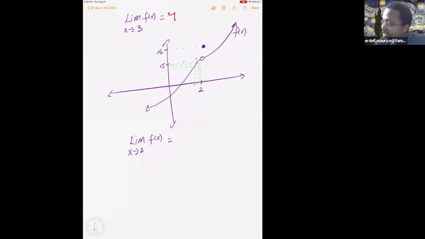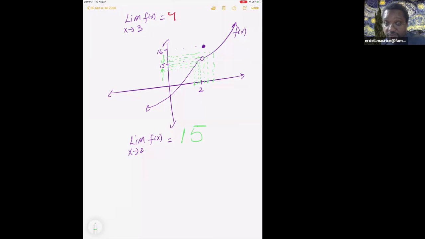I go on the other side, take a number, plug it in. I go across, I get in the middle, plug it in. I get closer to 15. And so both of them are squeezing towards 15. And so the limit is 15.